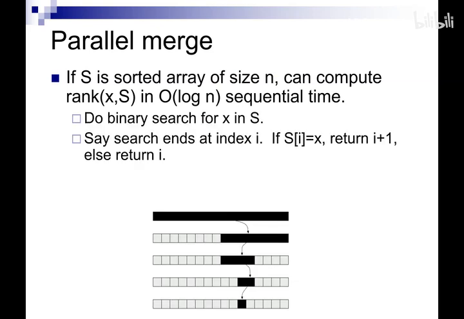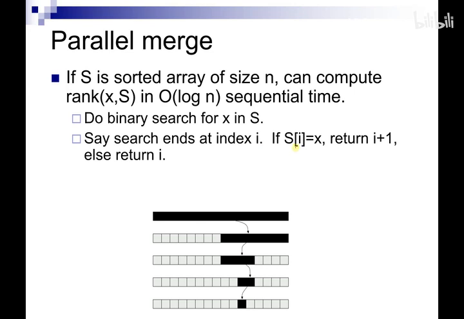The method is just to do binary search for x in S. As you do binary search, you isolate where x can occur in S, and the final index that you end up at is going to tell you the rank.